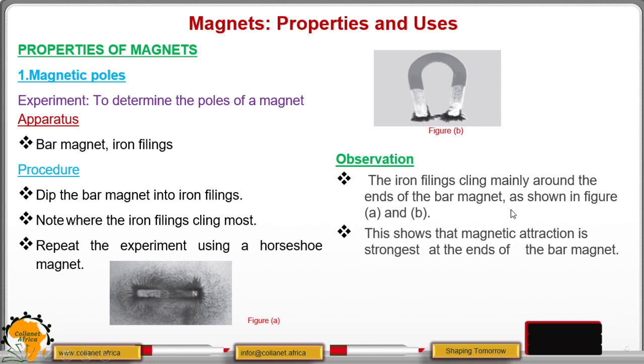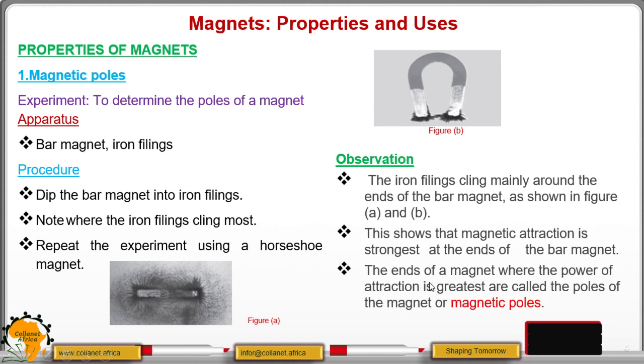This shows that the magnetic attraction or the magnetic force is strongest at the edge of the bar magnet. Now the edge of a magnet where the power of attraction is greatest is what we call the magnetic pole or the magnetic poles. These two edges are the north and south poles.